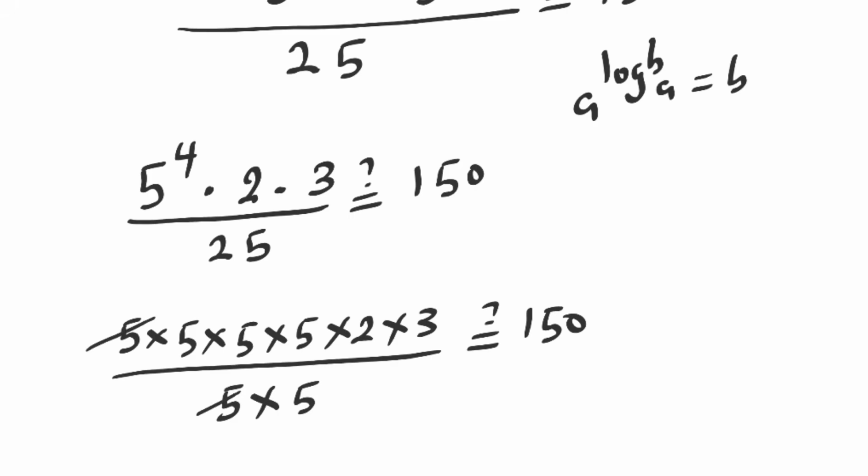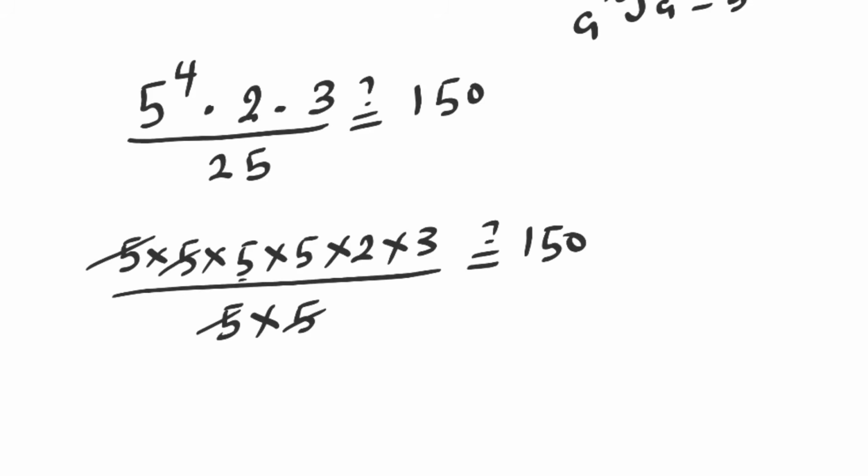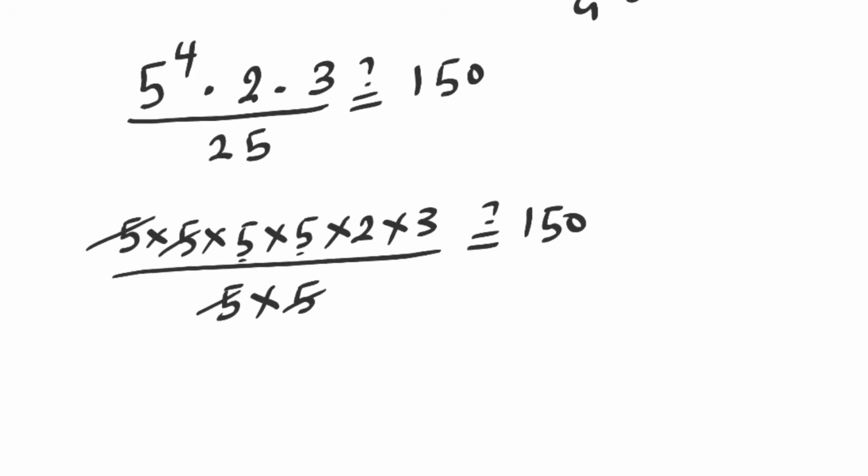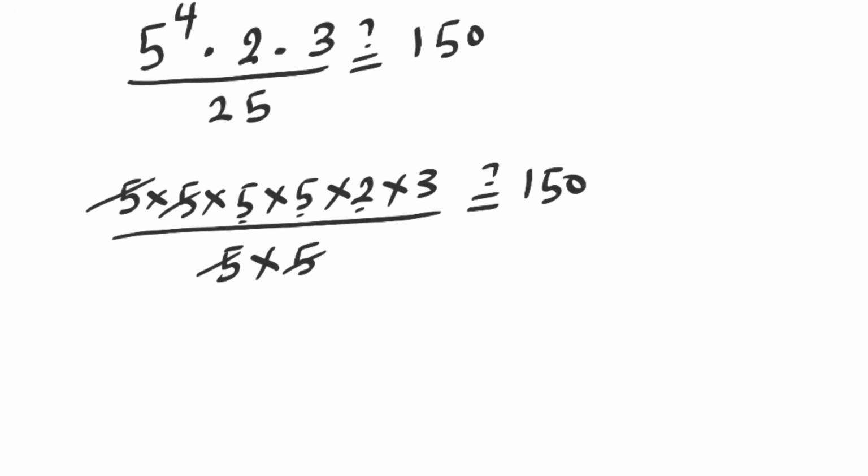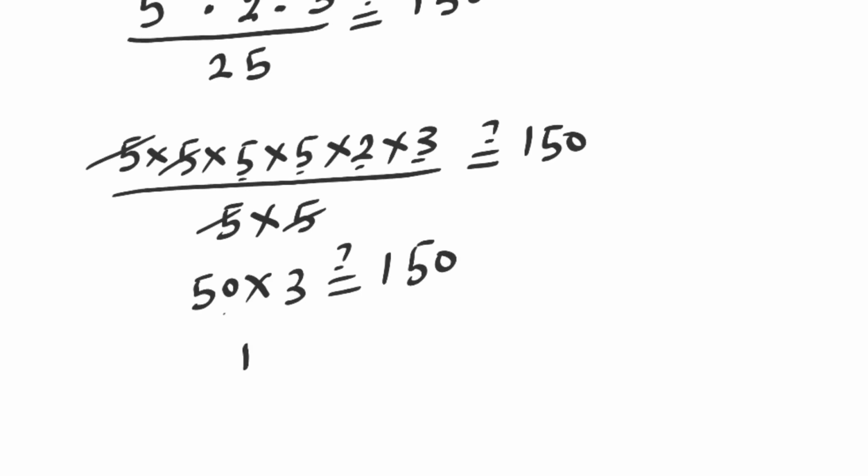This 5 here 1, 5 here 1, 5 here 1, 5 here 1. Then we have 5 times 5, that is 25, times 2, that is 50. 50 multiplied by 3 must be equal to 150. And of course, 50 times 3 is 150, which is true.